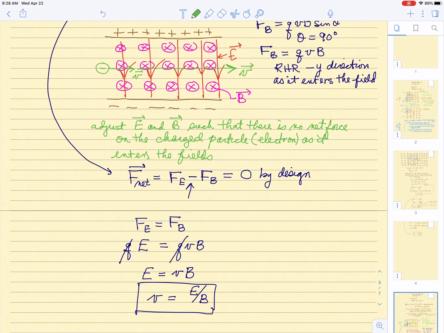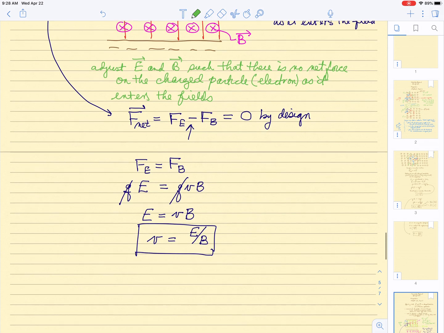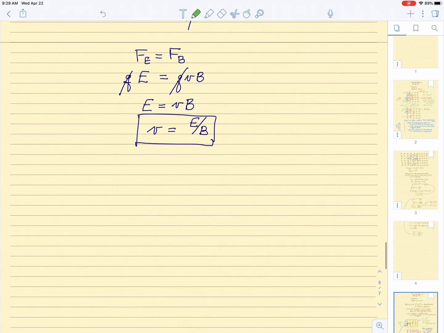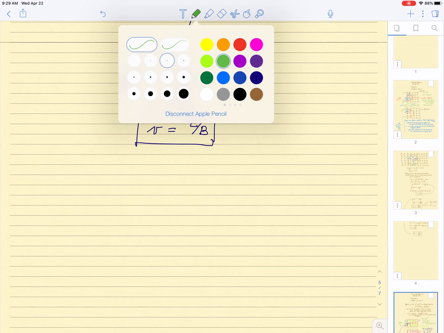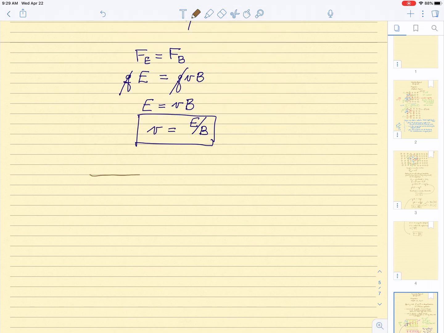And so you might say, well, why is that? Why build this elaborate device of having crossed electric and magnetic fields only for it to have no effect? And there's an interesting example that we could look at. So again, I'm going to draw this gizmo one more time. Here we have our positive plate.